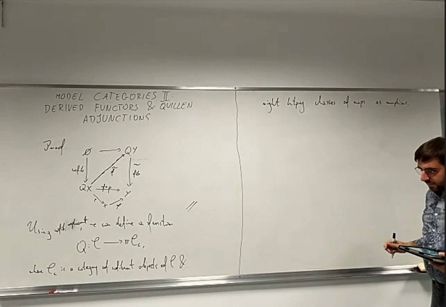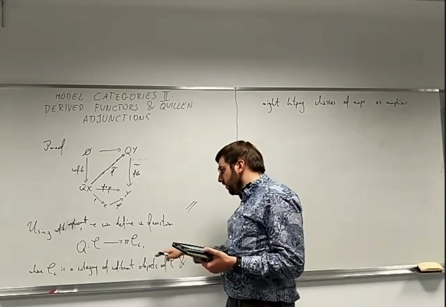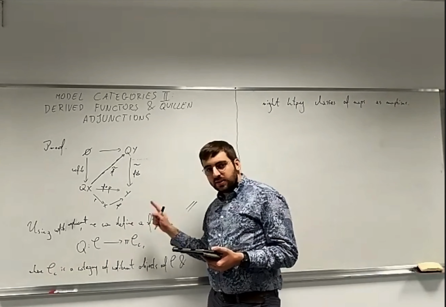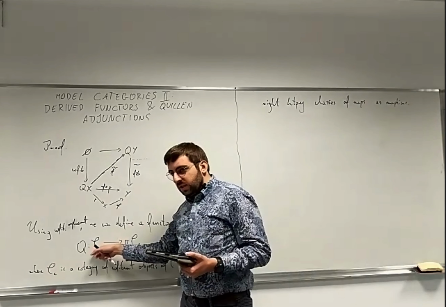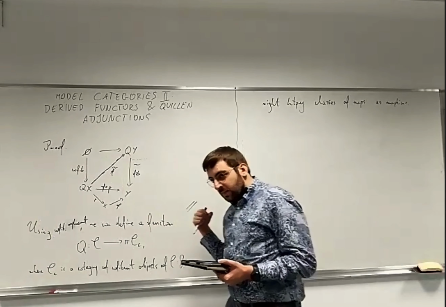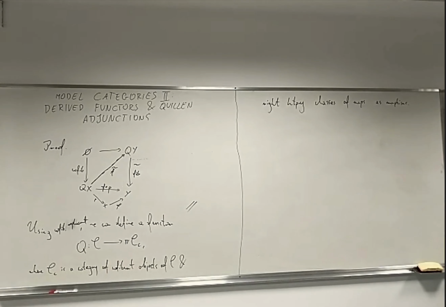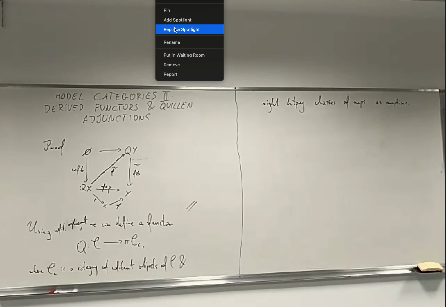So, in order to say that there is such a functor, I needed this lemma which I just provided. So this functor is sending each object to its cofibrant replacement, and a map, by this lemma, is sent to f twiddle, or rather the right homotopy class of f twiddle.